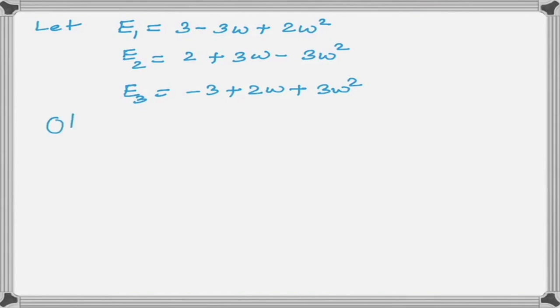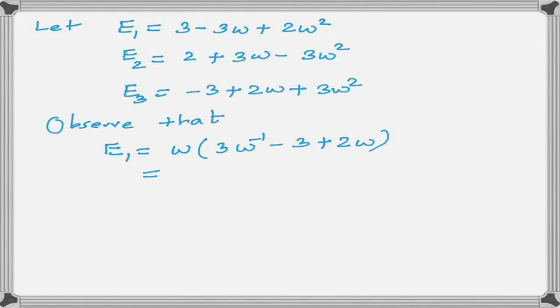So observe that E1 equals, if I take omega common from E1, I get omega times (3 omega inverse minus 3 plus 2 omega).